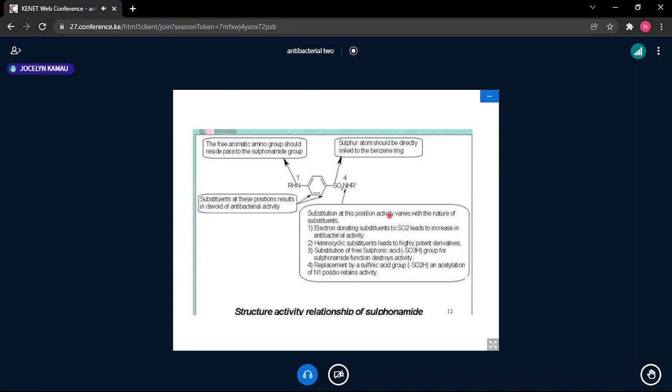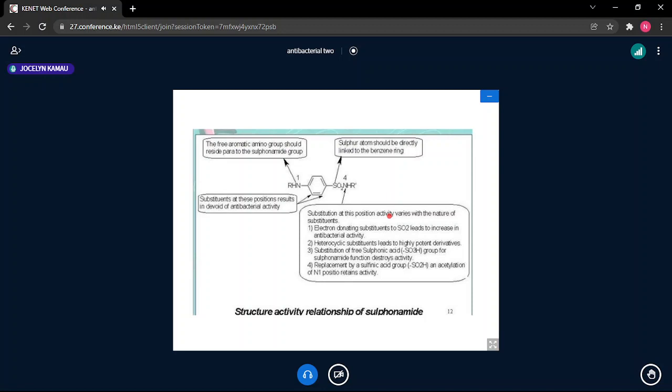Sulfonamides are ionized at physiological pH, and the ionization is because the atom that is attached on the heterocyclic ring is electron withdrawing. The sulfone group, S double bond O, is also electron withdrawing.